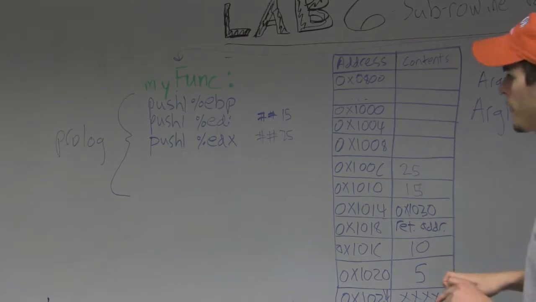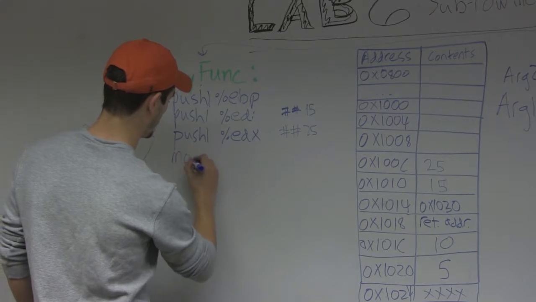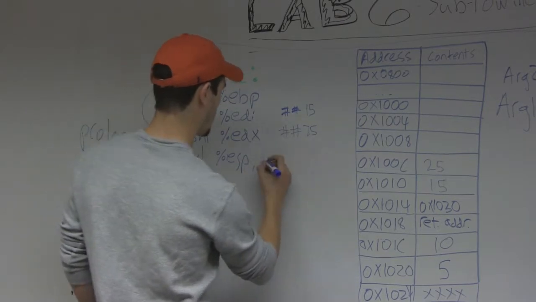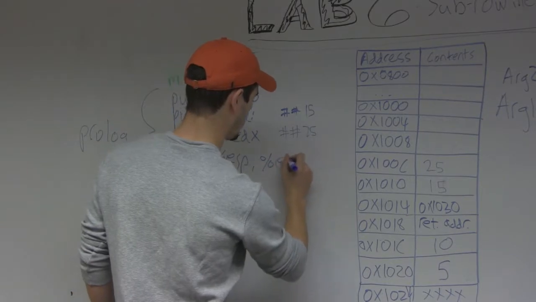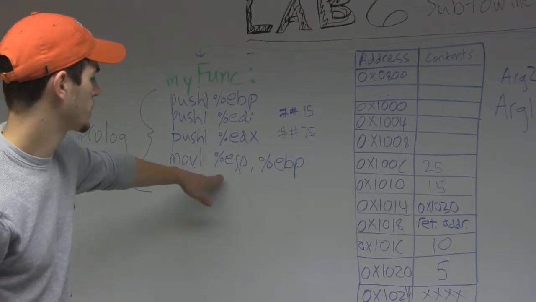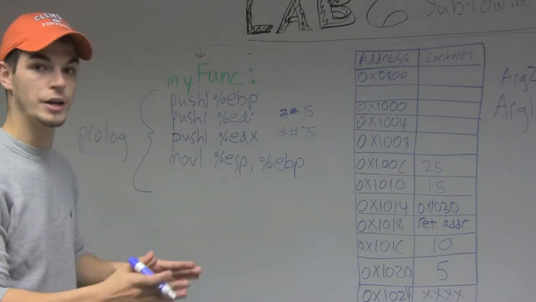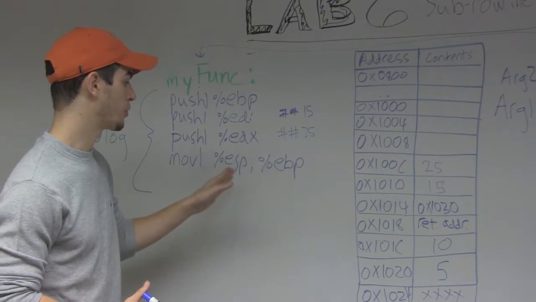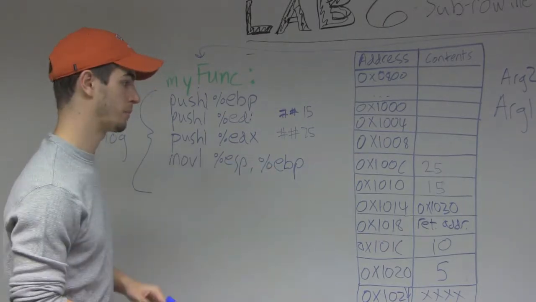Okay, so after saving those 3 registers, we now move the stack pointer into the base pointer. So what this is doing is, since what's stored in the stack pointer here is whatever address is pointed to by that stack pointer, by moving it to EBP, we're storing the address that is pointed to by the stack pointer into EBP.